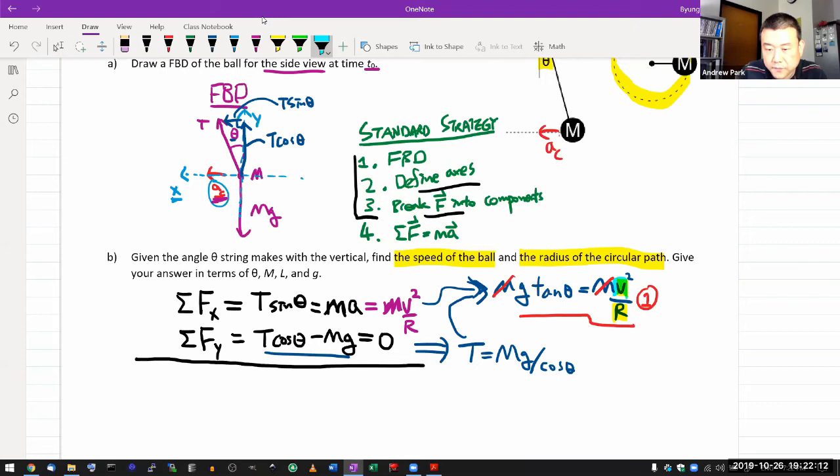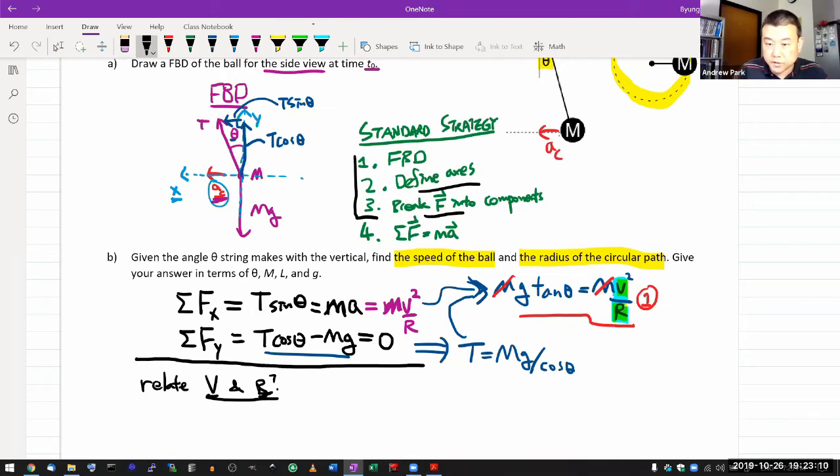I'm looking at this V and R, and I would look at, is there a way I can relate V and R? One of the ways I can relate V and R is through kinematics, because this is speed, and this relates to distance.